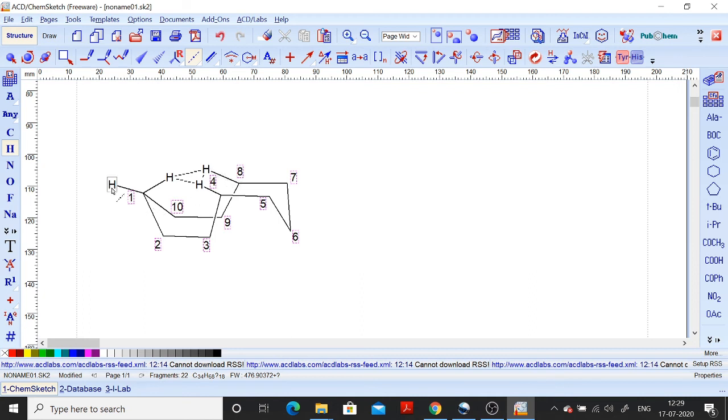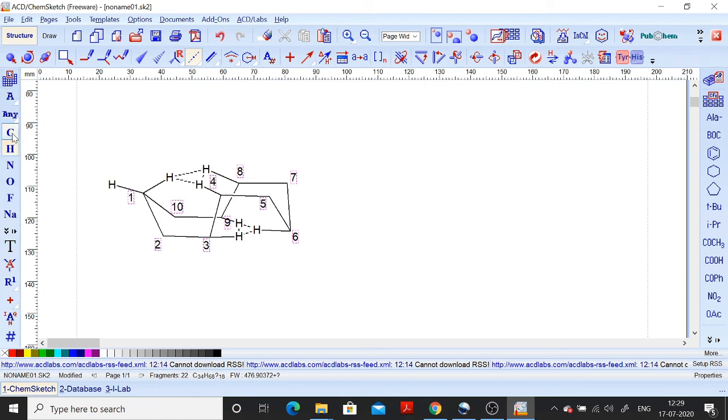At the first carbon we can see one is the intraannular hydrogen and the other is the peripheral hydrogen. Similarly, the hydrogen atoms attached to the third, sixth, and ninth carbon are also involved in the transannular interaction.